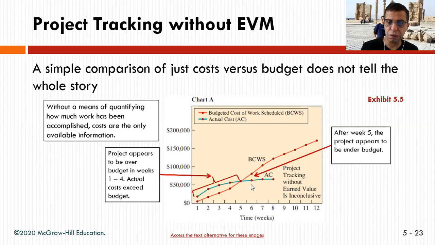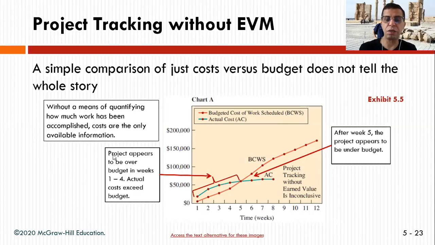You just look at this and say, wow, in the beginning our actual cost is high, but at week 5 we managed to minimize actual cost, and we're doing well with the budgeted cost. But without a means of quantifying how much work has been accomplished, costs are the only available information. So we don't know how much work has been accomplished. We know how much is actual cost and how much these guys have taken out of the budget.